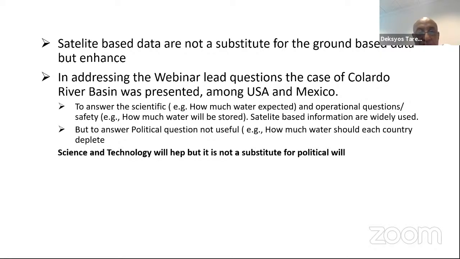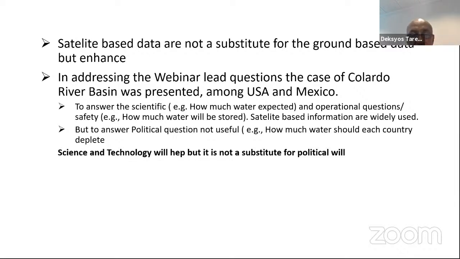In short, the satellite-based information really helps us to answer a number of questions, and raised cooperation among the two countries, especially the US and Mexico.